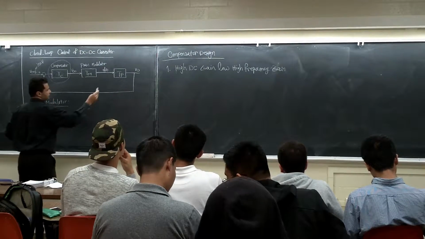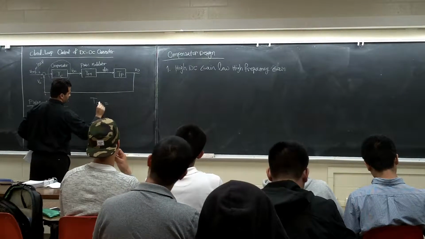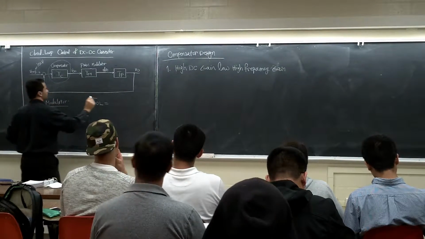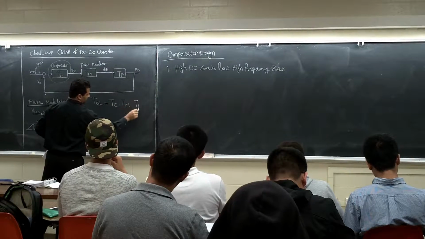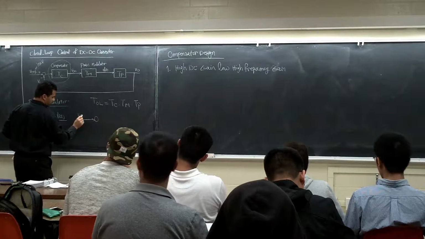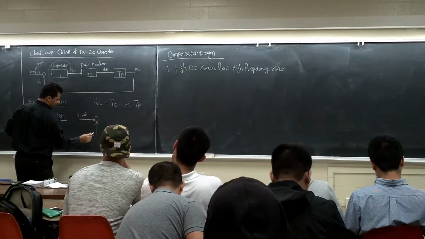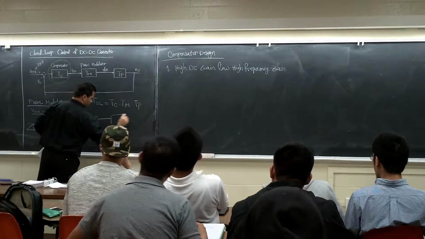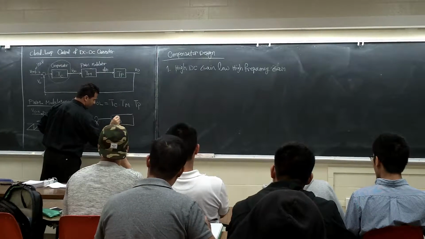So I'll define T open loop. The reason I'm saying open loop, I'll say TC times TM times TP. Basically, if you look at this system, it's going to be like this: Vref, VO, TOL.